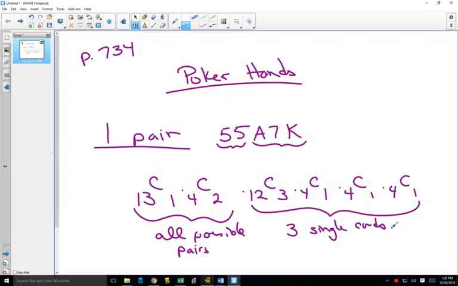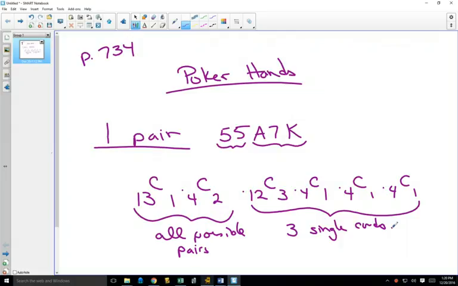After we've chosen our pair, we choose our 3 single cards. These can be chosen differently because there's going to be no overlap from this second group and this first group. We choose all 3 numbers at the same time because they're all the same size, like single cards.